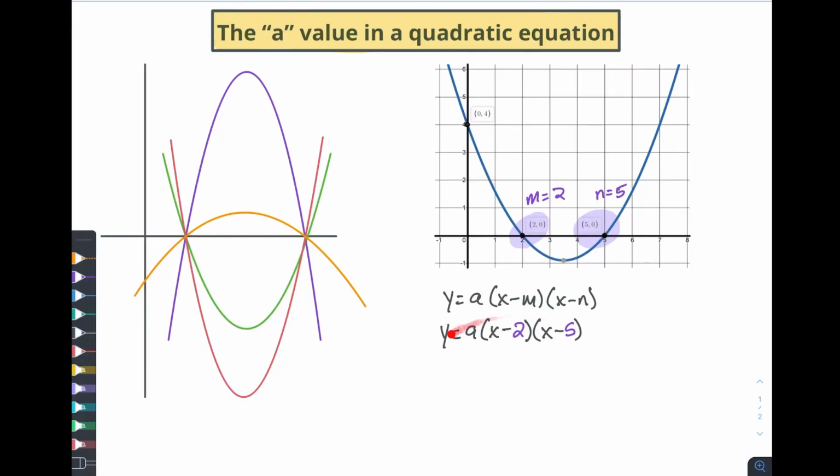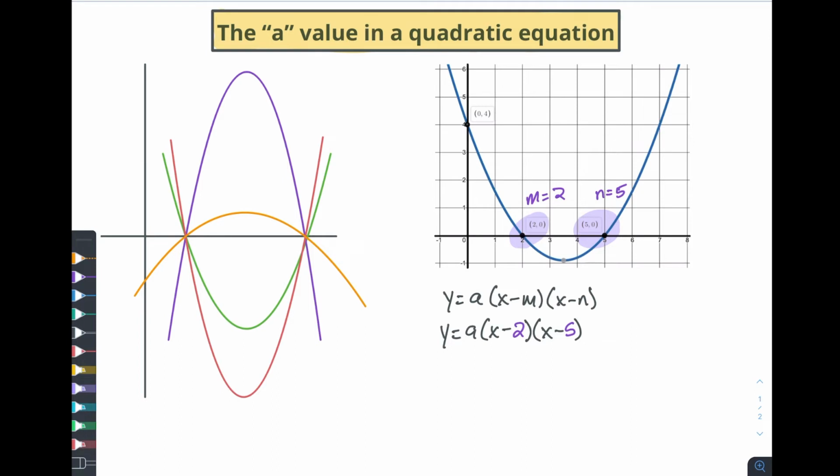Well, we take another value that we know to be on the quadratic and we substitute that in for our x and our y. Anytime we've got some equation with more than one unknown value, there's nothing we can do to solve for one of them. But if we can substitute an x and a y into here, we can then find this A value.